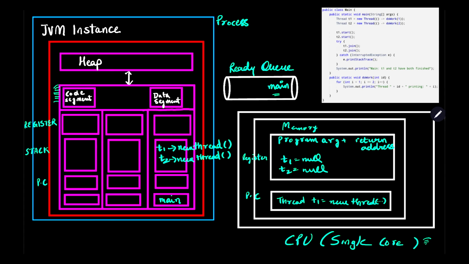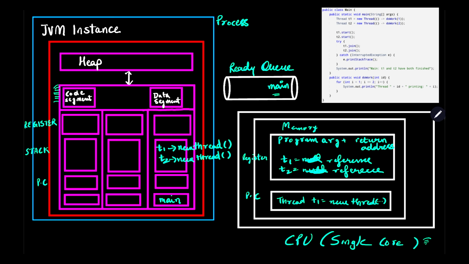The CPU registers only hold those references temporarily during the assignment. The permanent storage is in the stack. So T1 will contain the reference of the object, and T2 also contains only the reference of the object, but the actual storage will happen in the stack itself.